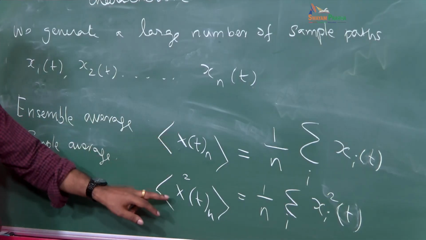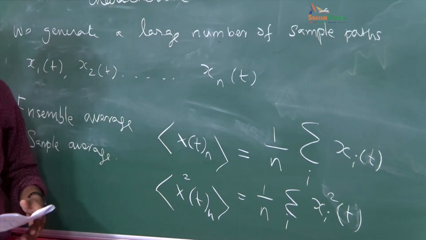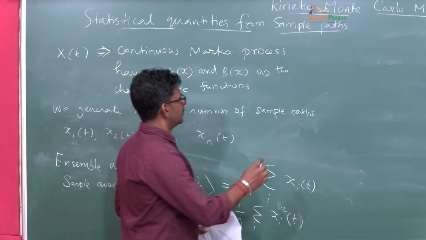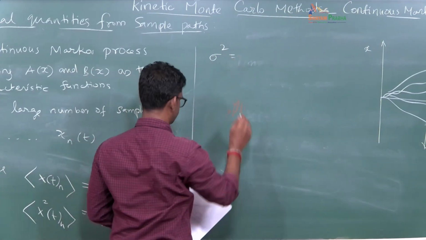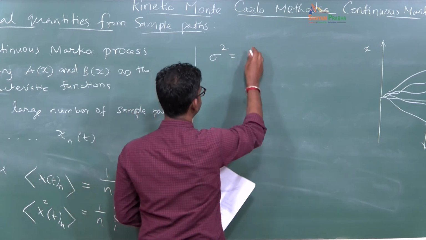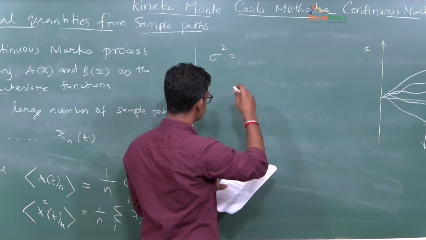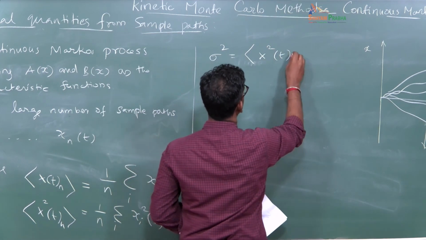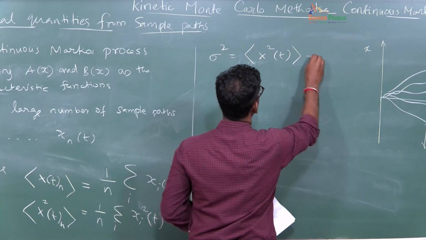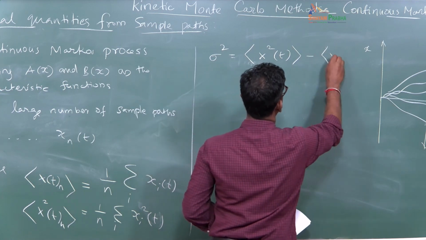So these are all obtained for a given time t over all the sample values. Now we can write the variance as the second moment minus the square of the first moment.